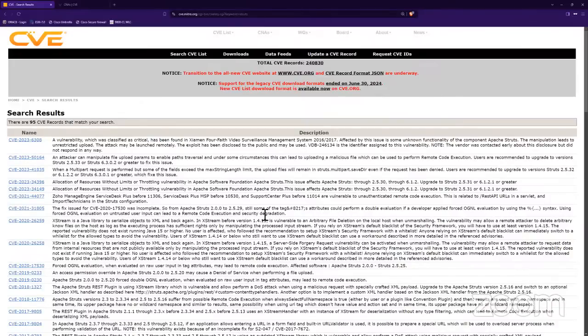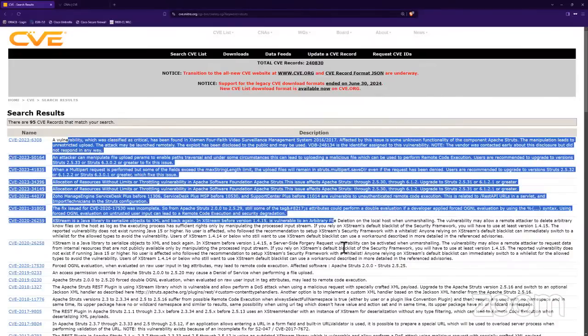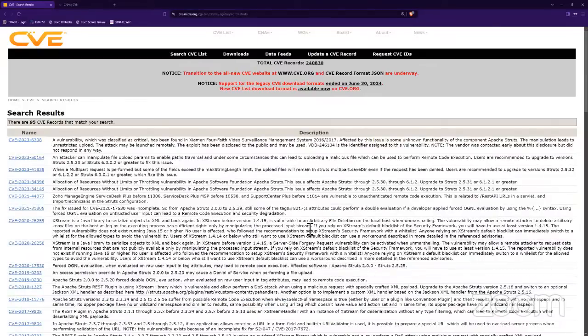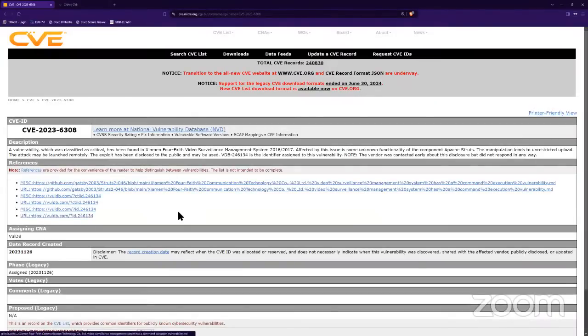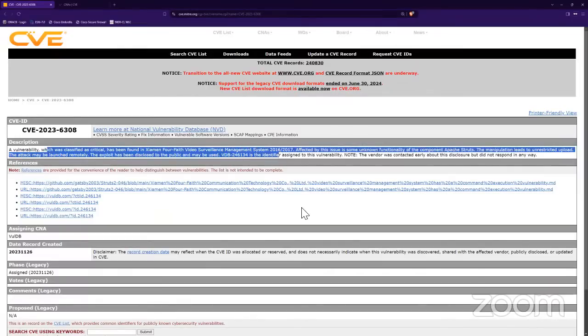I won't go into details about all of this, it will be too confusing, but these are details of the vulnerabilities. For example, it has lots of different information, and it gives you a description here as well.